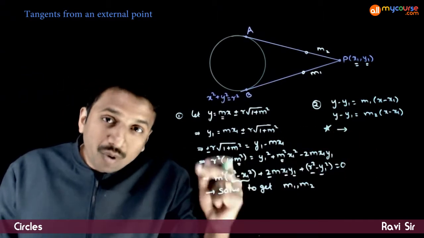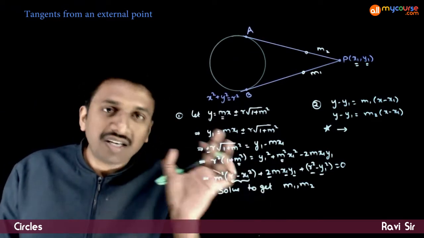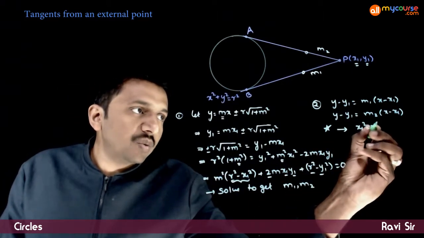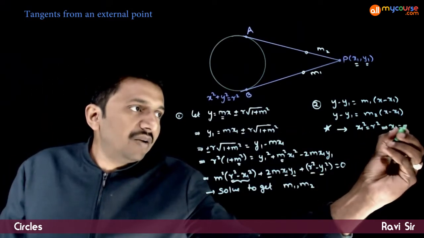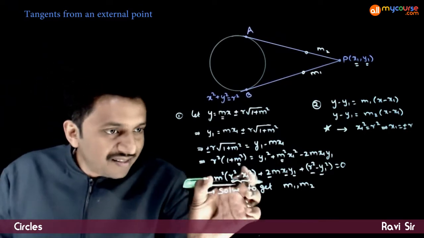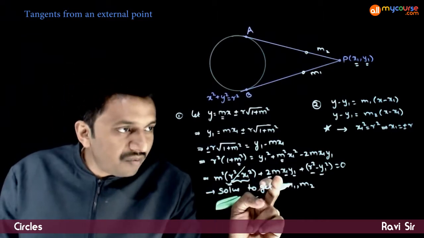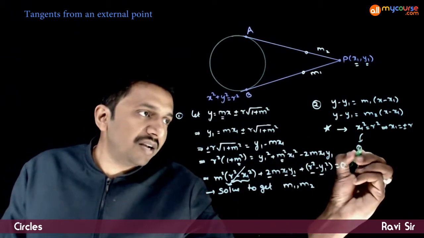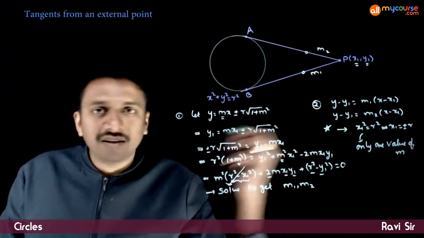Sometimes when you do the process, you will find that the m² coefficient turns out to be 0. That is, x1² = r², that is, x1 = +r or −r. In this case, the quadratic term gets cancelled and you get only one value of m.